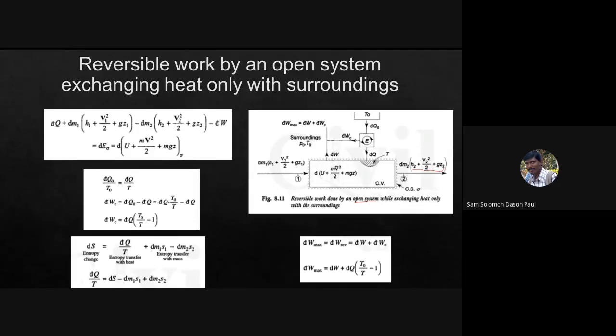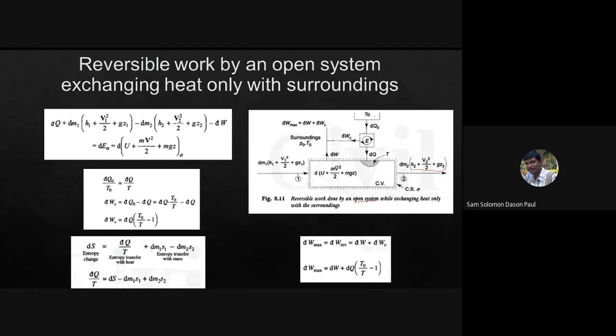This dq is nothing but the heat rejection by an engine that runs between T0 and T. So this device is at temperature T, and the surrounding is at temperature T0. If this is at temperature T, the other is at a higher temperature. Maybe instead of calling it the surrounding, this is the boiler.